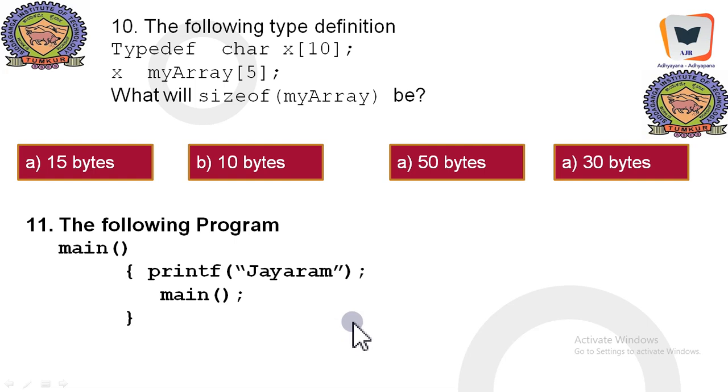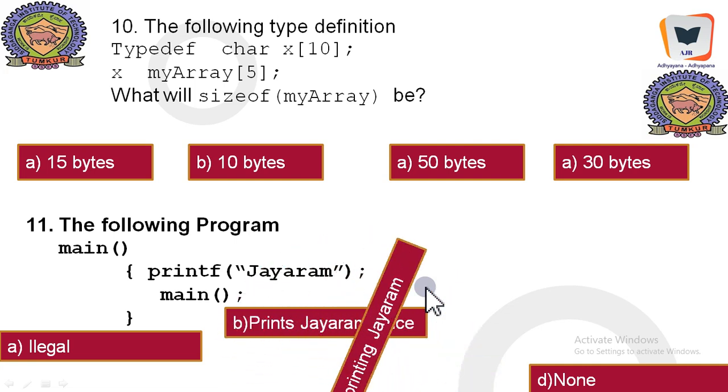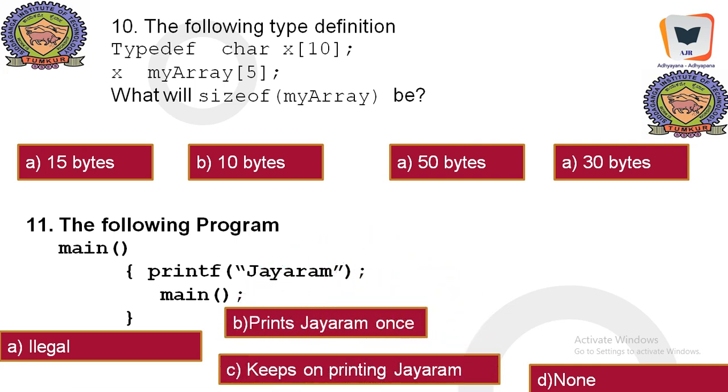Therefore the screen will be full of Jayaram, that is full of the string constant Jayaram, and it should be controlled. Because it keeps on printing Jayaram, because main is calling itself. There is no syntactical error committed over here, but it is foolish to write this kind of program. Anyway, main can never be called again. It is foolish. We have nothing to do.